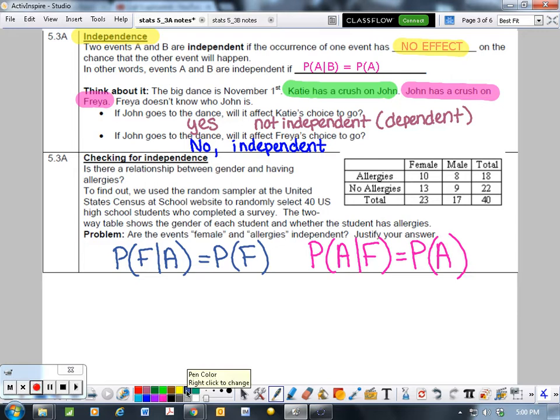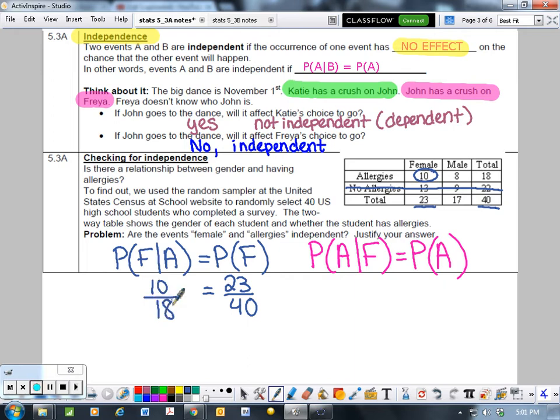So the probability of being female is 23 out of 40. Now the probability of being female given having allergies. So I know that allergies is the only option. And there are 10 females that have allergies out of the total number of allergies together.